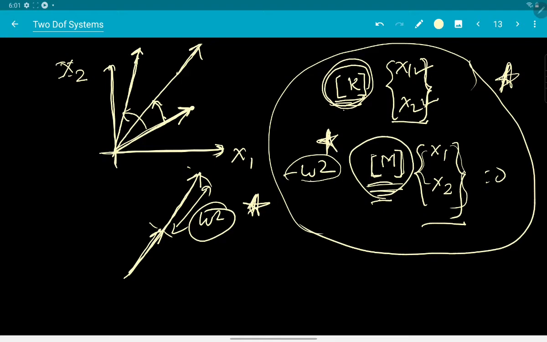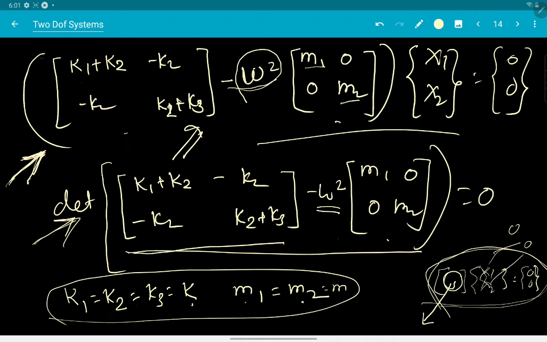But for a certain choice of omega square and x1 and x2, k into x1 and x2 and m into x1 and x2 get aligned, and their scaling is such that this is that scaling factor, which is omega square. That is the meaning of this eigenvalue problem, which we already have seen in our previous class. And this is the statement of the eigenvalue problem.